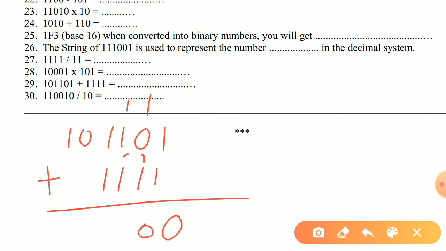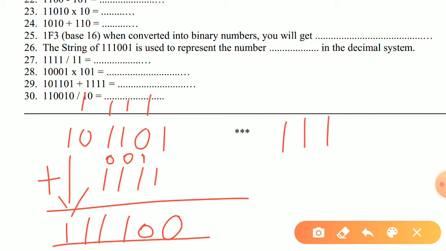Again 1 plus 1 is 0 with a carry 1 on the left hand side. 0 plus 1 is 1. Again 1 plus 1 is 0, carry 1 on the left hand side. 0 plus 1 is 1. 1 plus 0 is 1, and this 1 will be dragged downward. Okay, so this is the answer: 4 times 1 and 2 times 0. For the 29th we are talking.